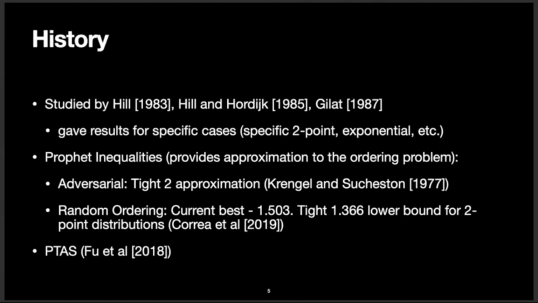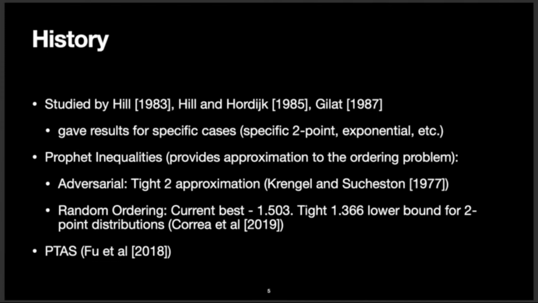A field that's related to our work is the prophet inequalities. Prophet inequalities provide an approximation to our ordering problem. They compare the expected reward of the online algorithm against the expected offline reward, which is just the expected maximum of all the random variables.